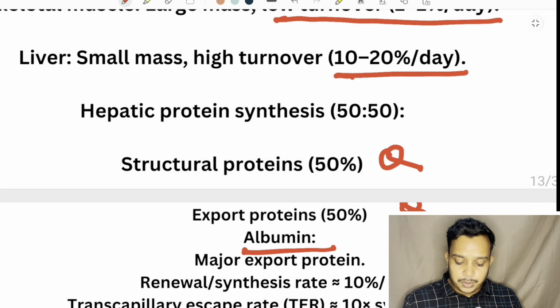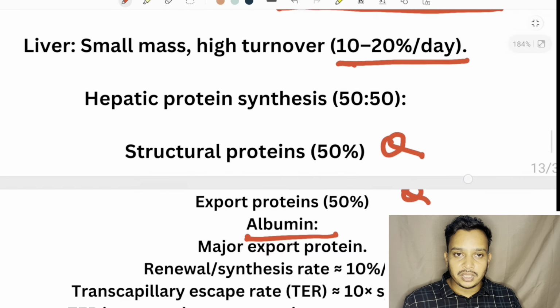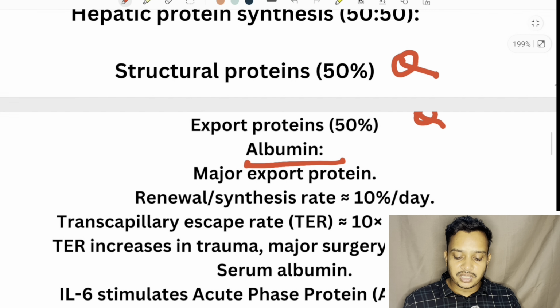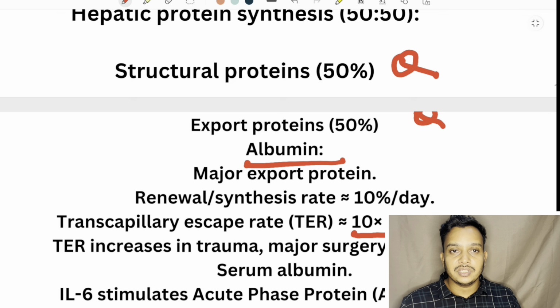The major export protein is albumin. Albumin synthesis is almost 10% of all protein synthesis per day, but albumin also has a transcapillary leak which is approximately 10 times the synthesis rate.